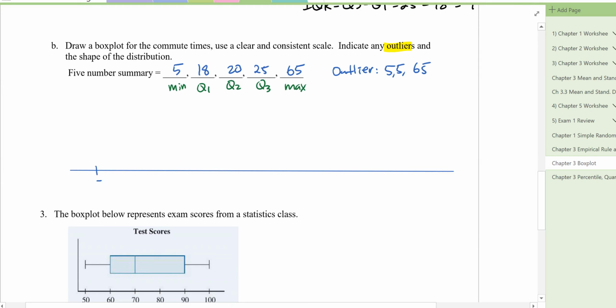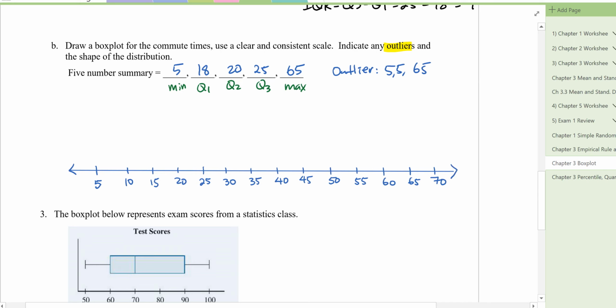So my smallest number is 5. And then maybe do a fine increment here. So my next number is 10, 15, 20, 25, 30, 35, 40, 45, 50, 55, 60, and 65 is my maximum. I'll do one more, 70. I can also do one below if I like, but this is good enough. So that's my line.